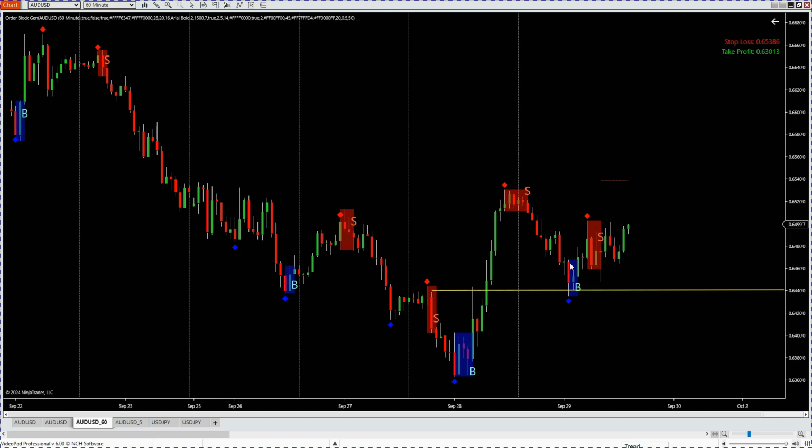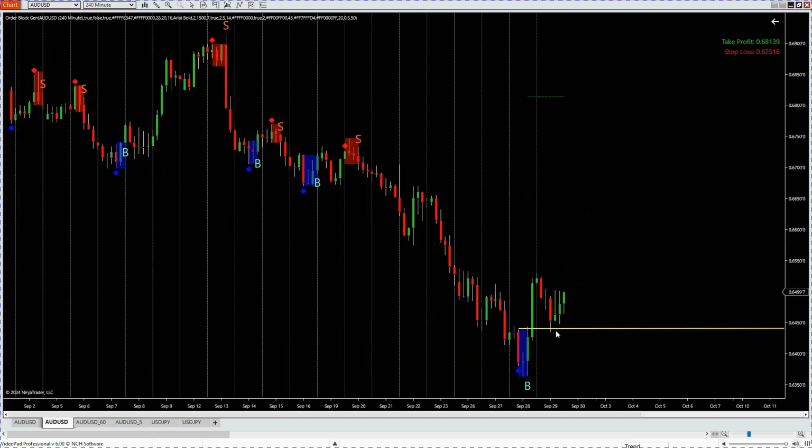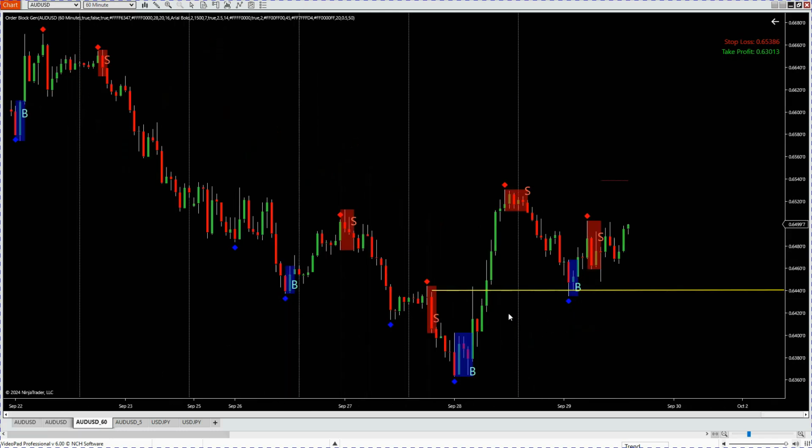So this is a way of confirming. If we look over here on the 240-minute, we don't see the block, but we do see it on the 60-minute, where we have a buy signal here and a buy signal here. This is how we do an analysis using this indicator on multiple time frames.